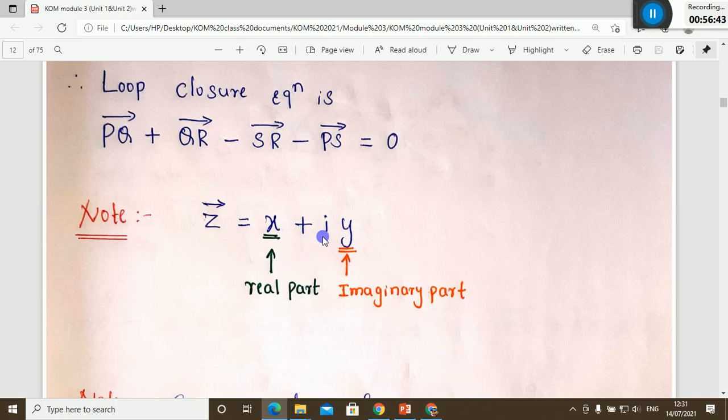Except i, whatever is there, you can consider as the imaginary part. This is also very important. For a vector z equal to x plus i y, this part is called the real part, and the variable along with i is considered the imaginary part. This is very important while solving problems.